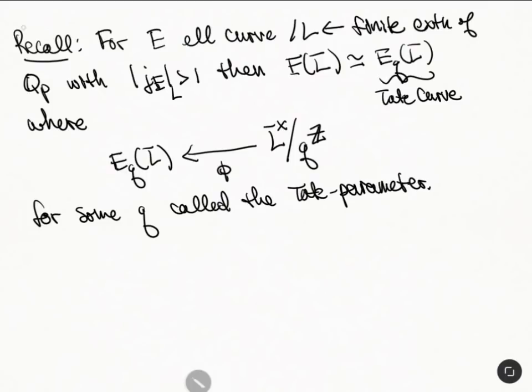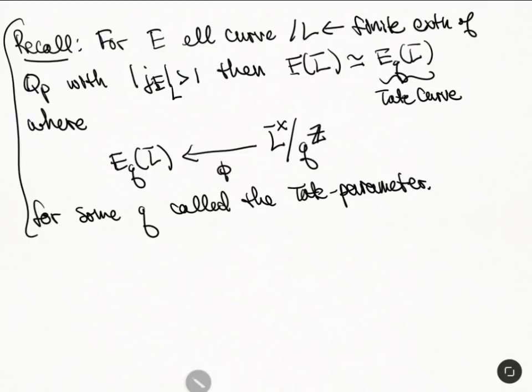Okay, so this condition here with the j-invariant, the absolute value of the j-invariant bigger than 1, that's going to say that it has bad reduction. So I just want you to recall what can happen with bad reduction. If you have additive reduction, you can base change and it'll become good or multiplicative reduction.